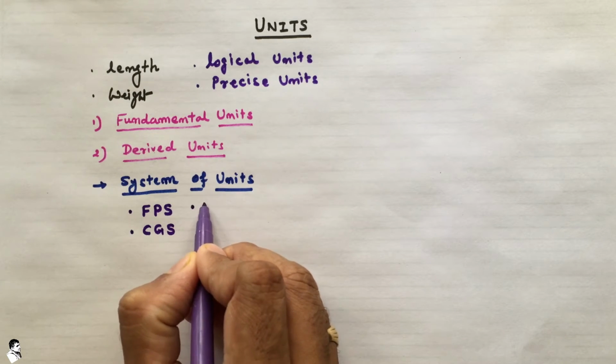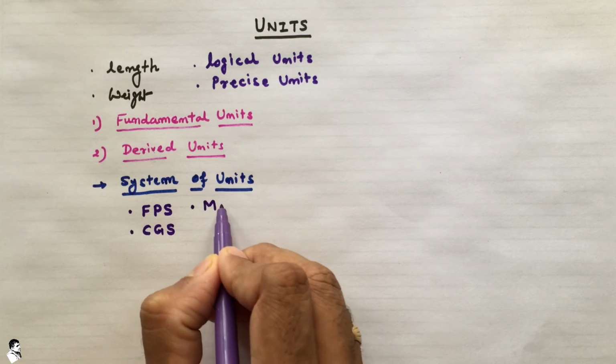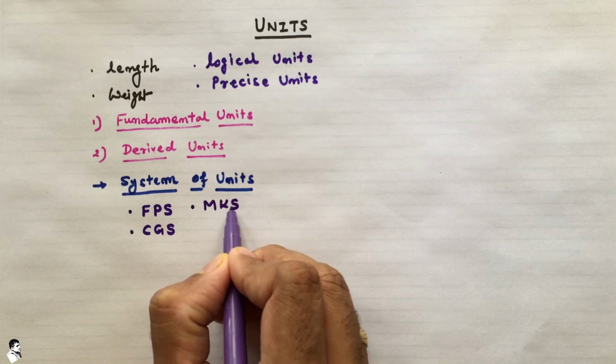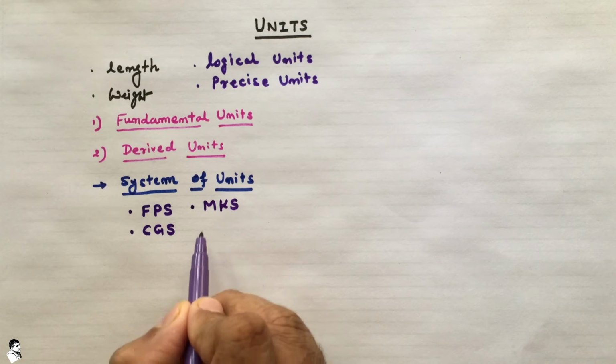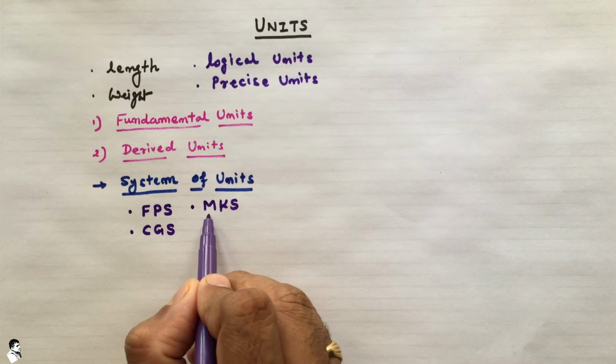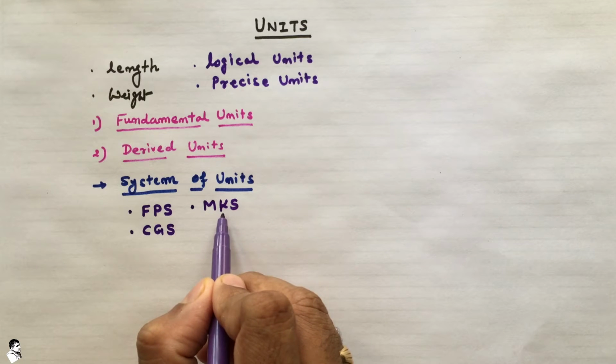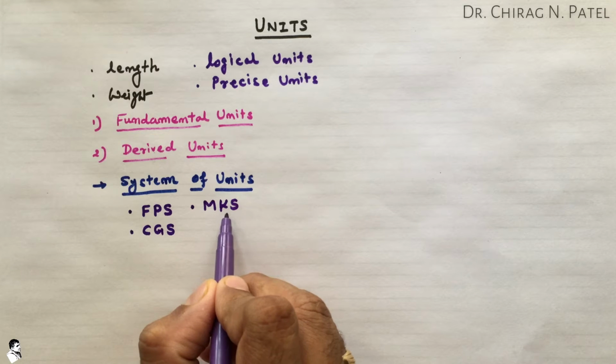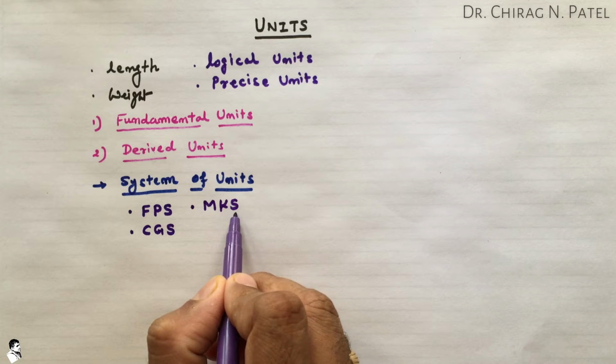Furthermore, another system is known as the MKS system. In that, the fundamental unit of length is meter, the fundamental unit of mass is kilogram, and the fundamental unit of time is second.